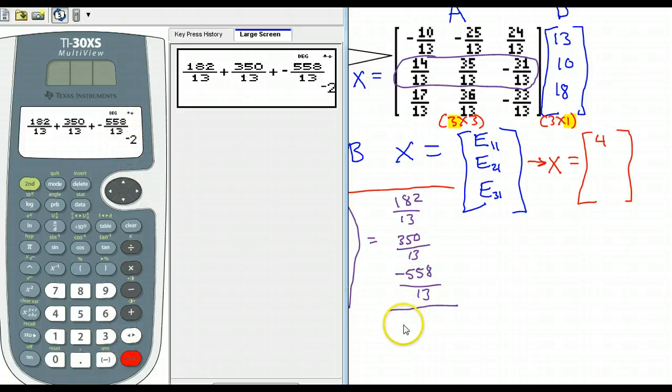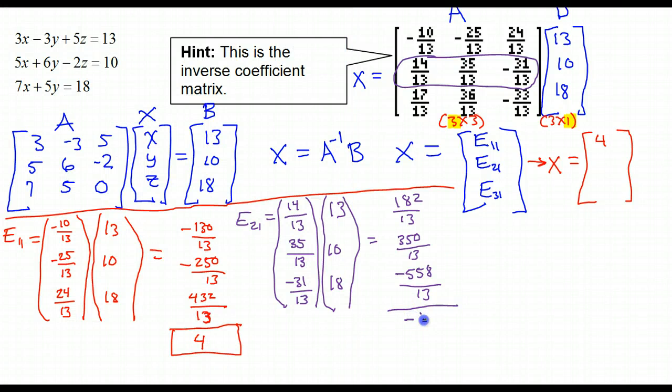Negative 2. All that stuff, at the end of the day, it boils down to negative 2. So that gives us our second element. By the way, the answers will not always be nice integers like this. Sometimes even the answers themselves will be ugly fractions, but not today.